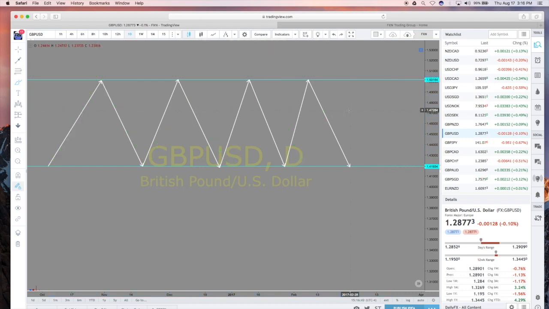Every time price gets up to an area of resistance, you'll see that price starts to slow down, and then it reverses back down. And I would say 70 to 80% of the time, the Forex market is moving sideways, or what we call consolidation, which is basically bouncing between support and resistance like this, back and forth.